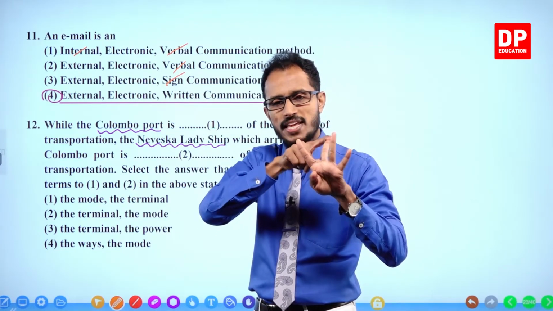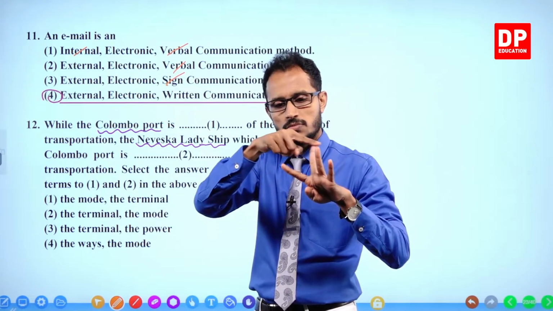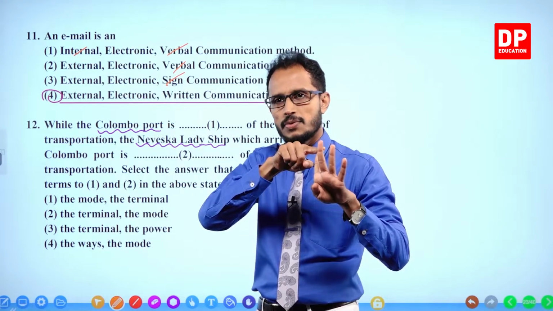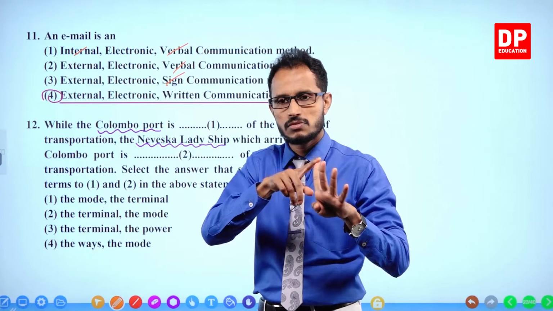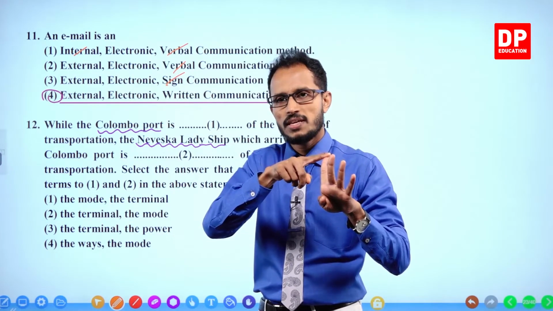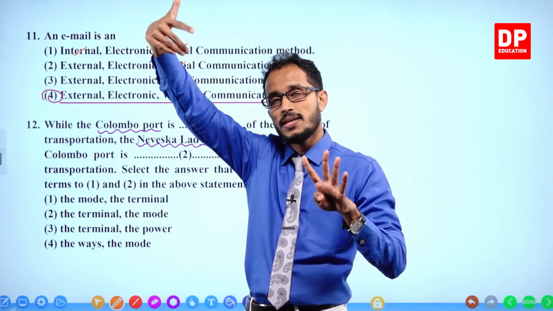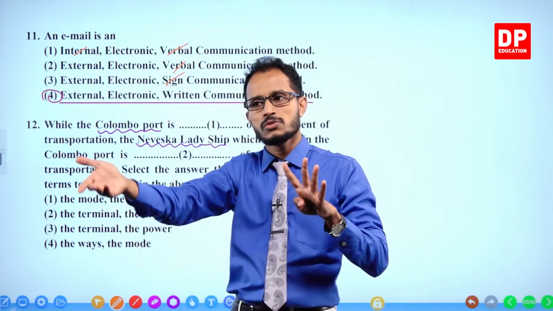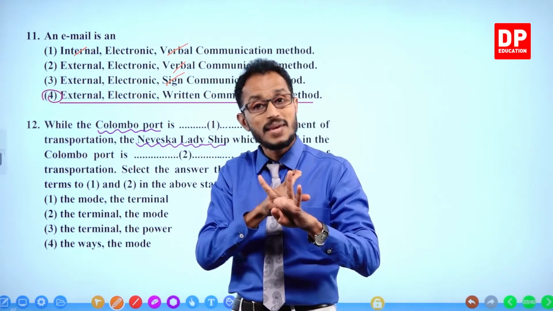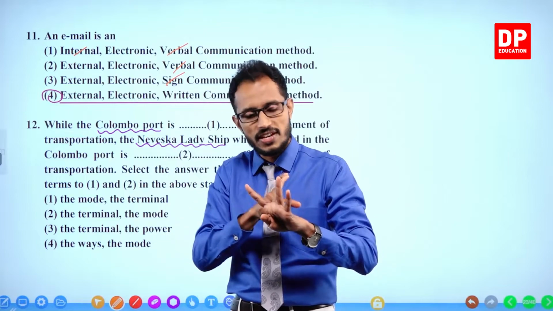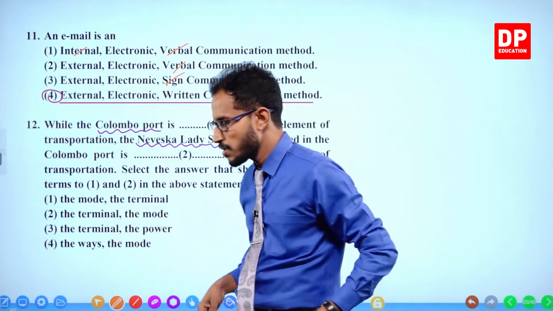Ways can be roadways, highways, byways, airways, waterways, railways. Medium means the different vehicles and vessels. Power is the fuel. Terminal is the station.